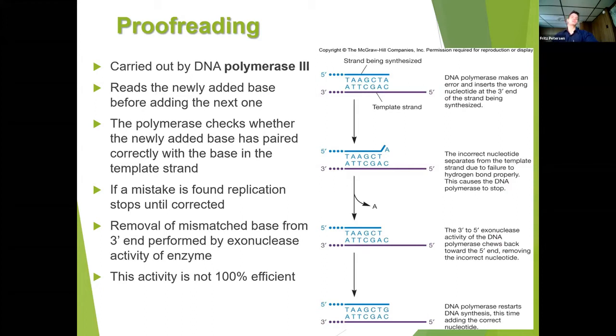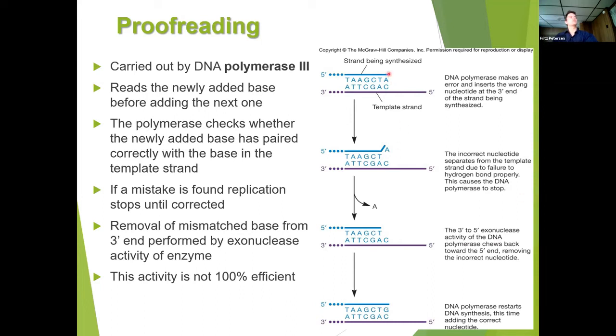It has almost its own form of a spell check built into it. DNA polymerase 3 will read the newly added base before adding the next one, and check whether the newly added base has paired correctly with the base in the template strand. And if a mistake is found, replication will stop until corrected.